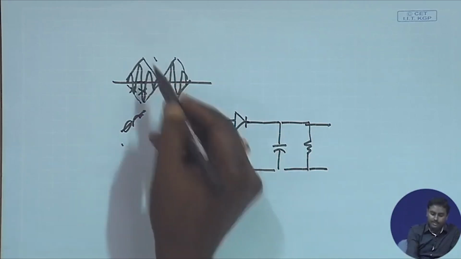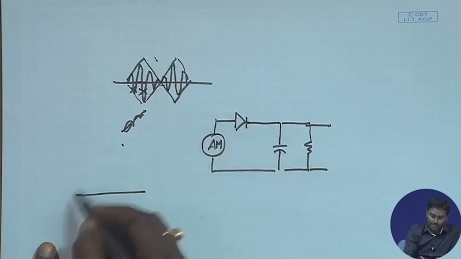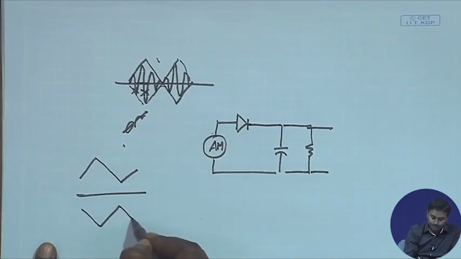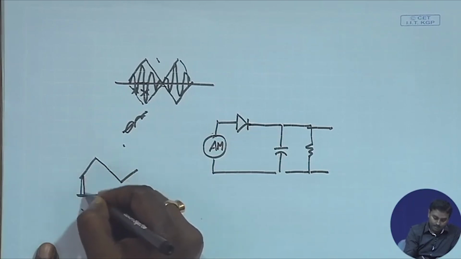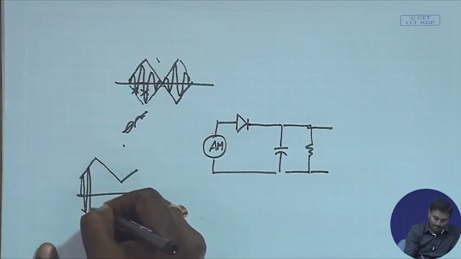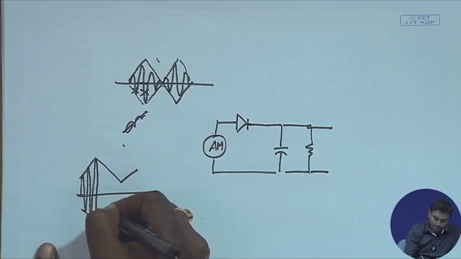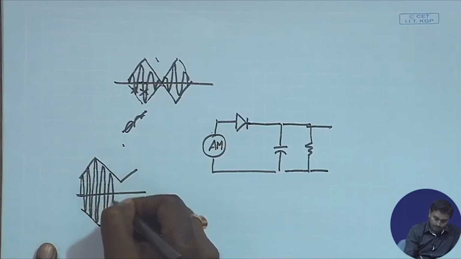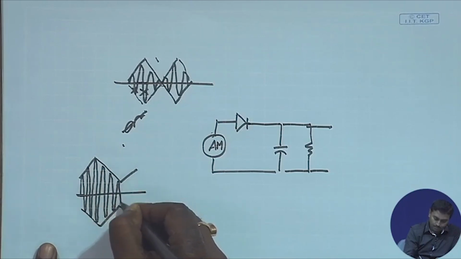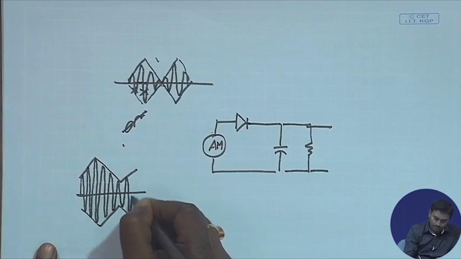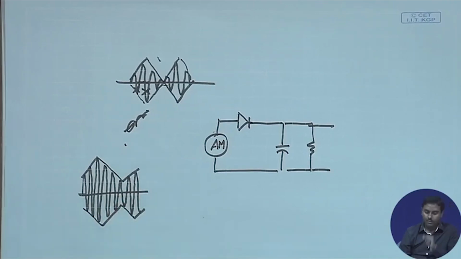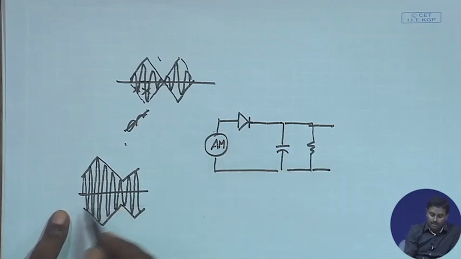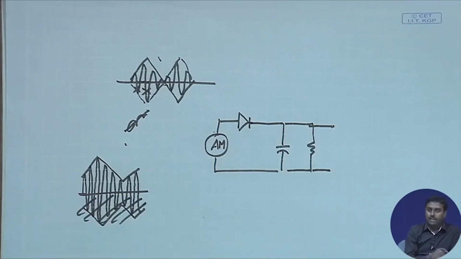Let us say I have this signal, of course it has to be AM, and inside I have this carrier. Now whenever it passes through the diode, I will be getting rid of the negative half.